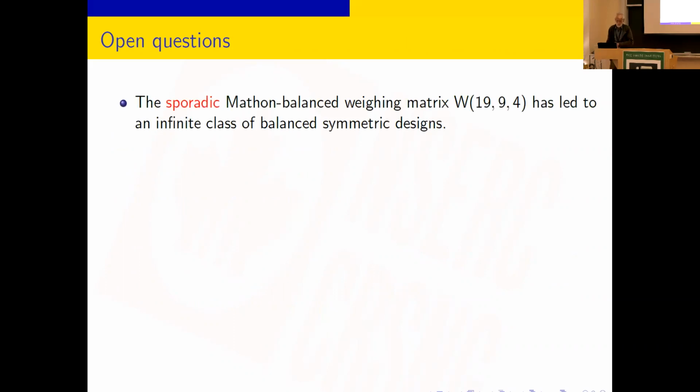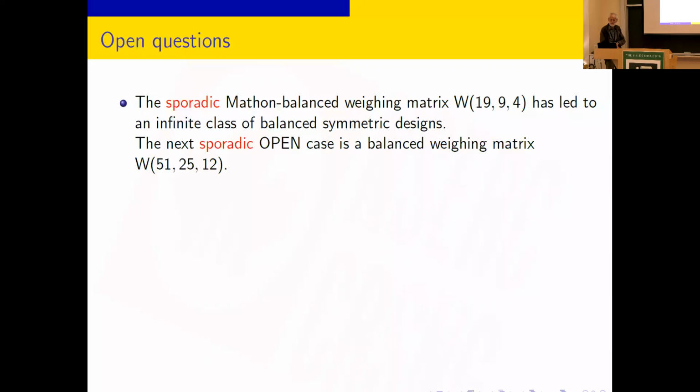And just a couple more minutes I have, let me pose some open questions. Number one: the sporadic Mathon balanced weighing matrix has led to an infinite class of balanced symmetric designs. So the question is, and I feel it is true, is there a balanced W(51, 25, 12)?